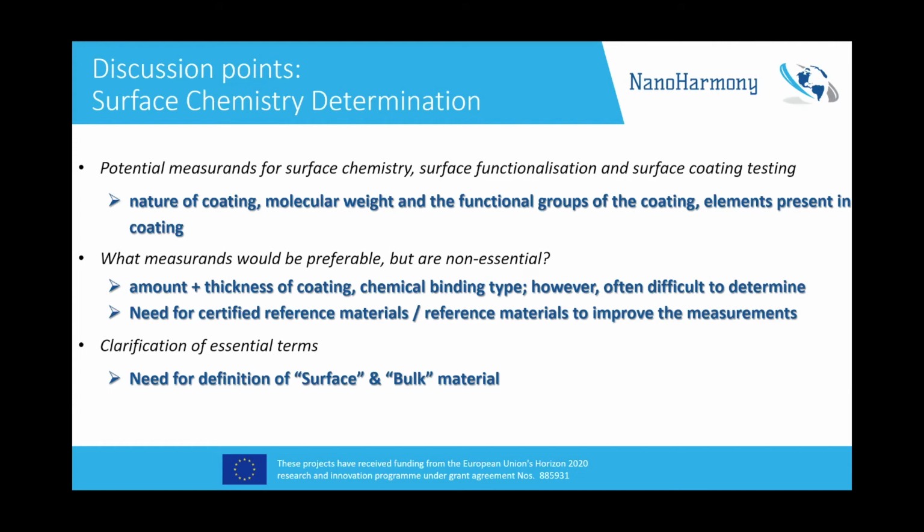What they deemed to be preferable but not essential was the amount and thickness of the coating, maybe the binding type, but they also realized that might be really difficult to determine. We also realized there is a need for certified reference materials, or in general reference materials, to improve the measurements.